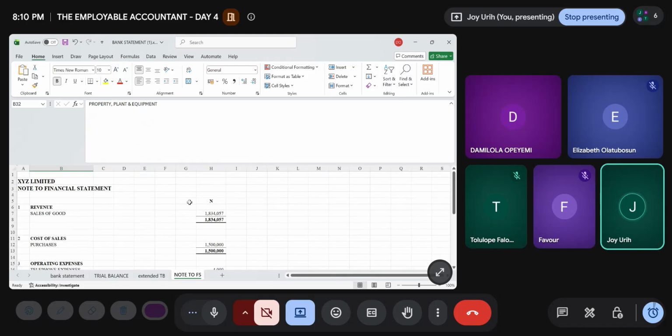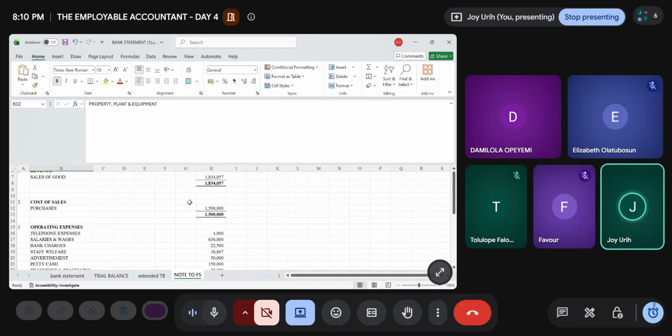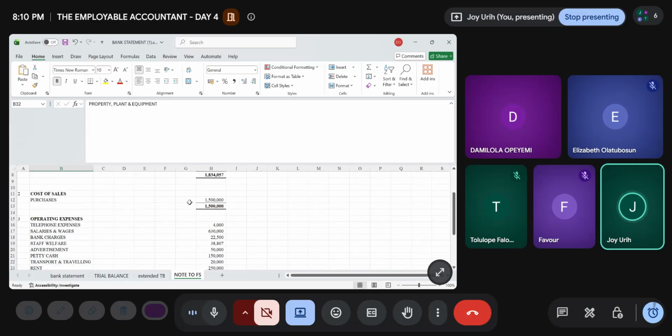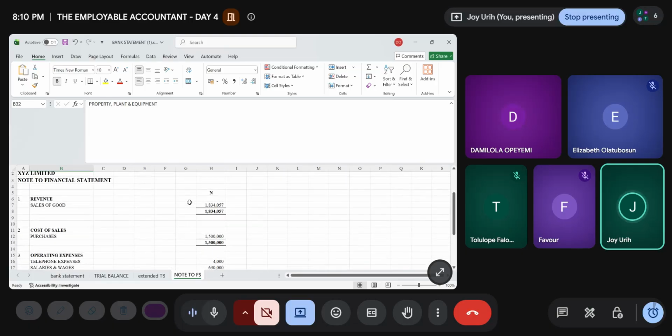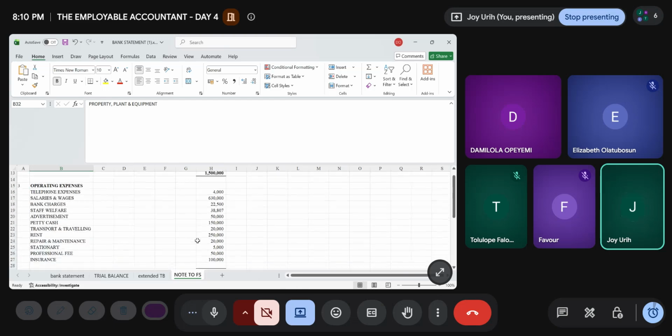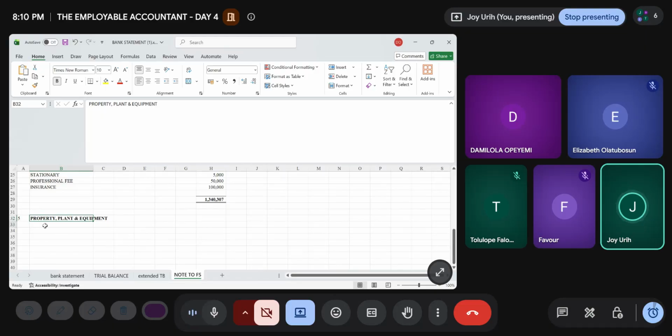After the extended TB, the next item of the financial statement you want to work on is the notes to the account, to the various financial statements. We are done with the statement of profit or loss, which is our revenue, cost of sales, operating expenses. So we are about to do our statement of financial position.